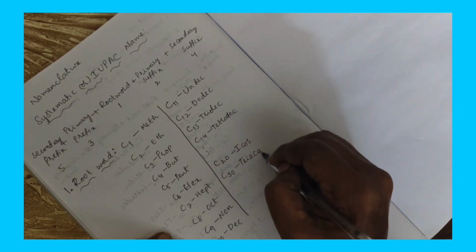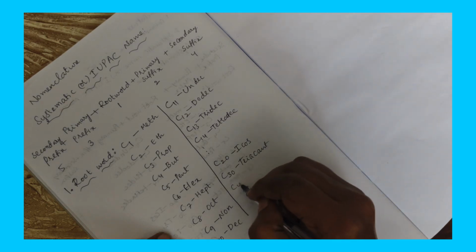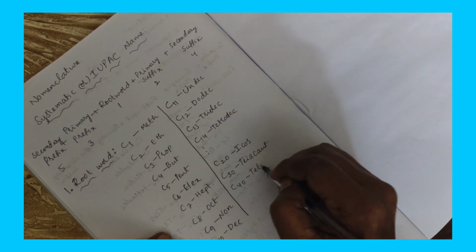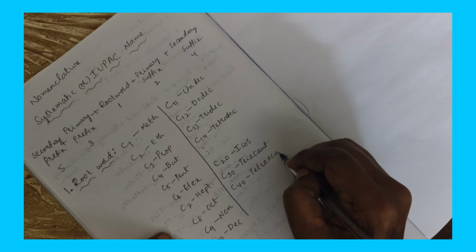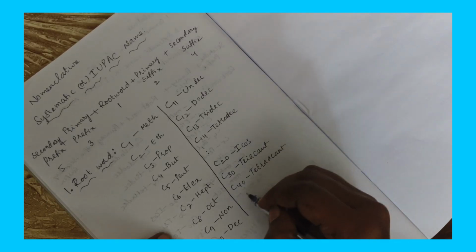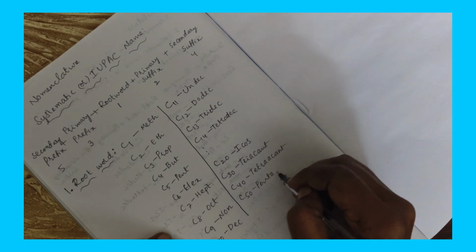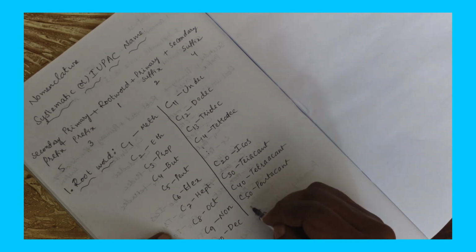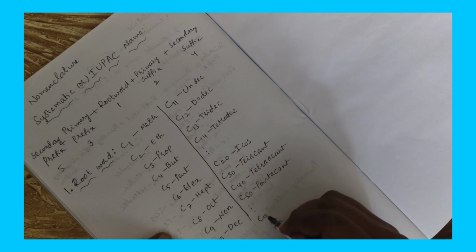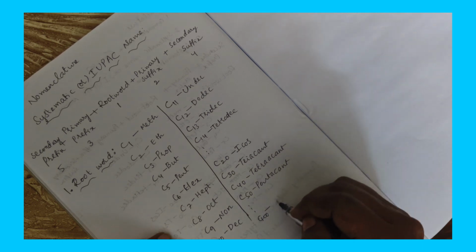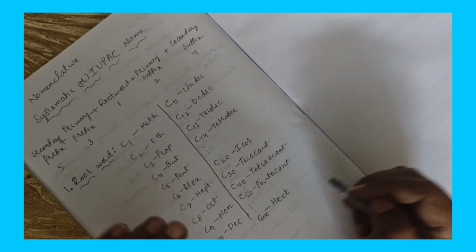If it is 40 carbons, tetracont. If it is 50 carbons, pentacont, and so on like that. If it is 100 carbons, it is called hect. Hect means 100.